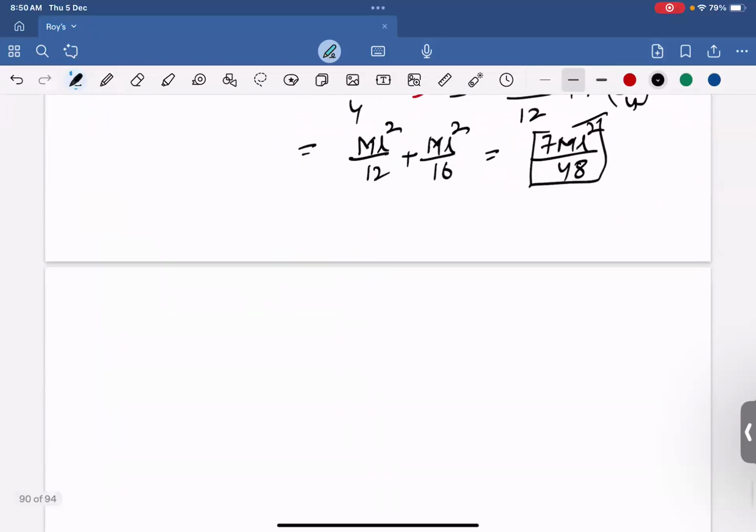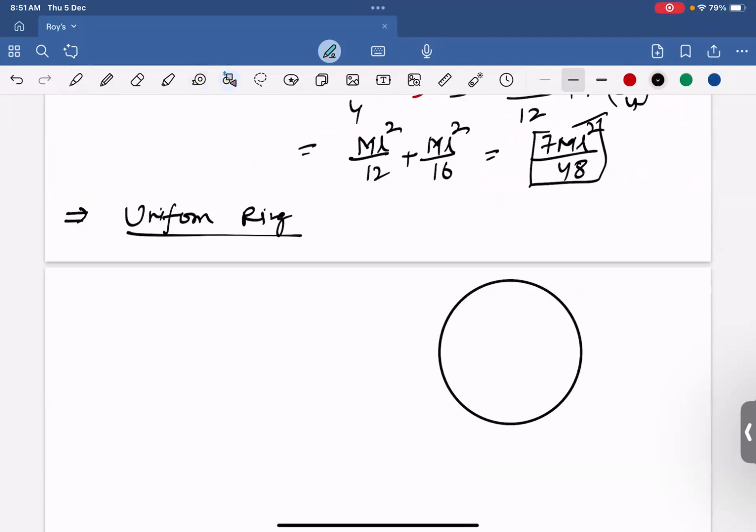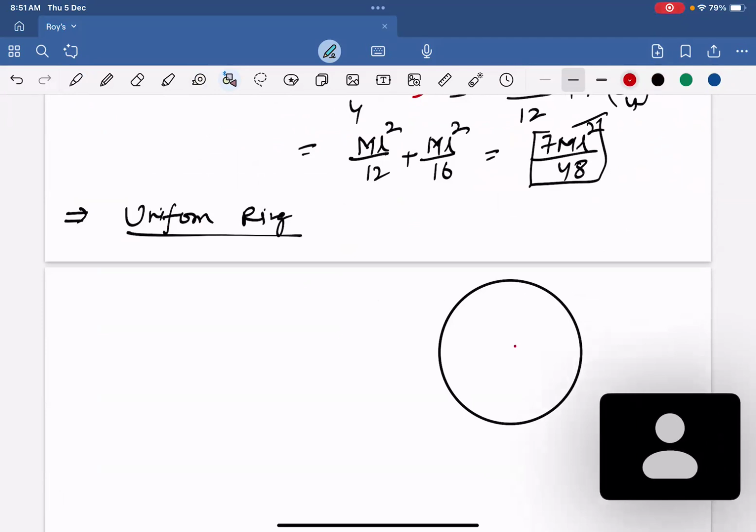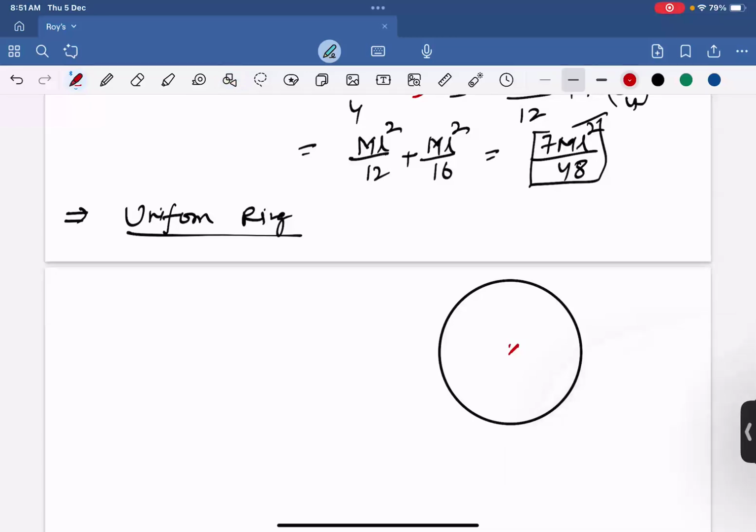Now let's go to another body. If I have a uniform ring, and the axis I am taking is perpendicular to the plane of the ring and going through the center of mass.